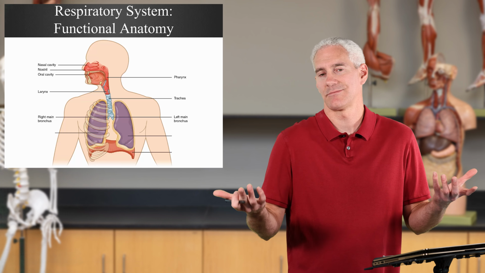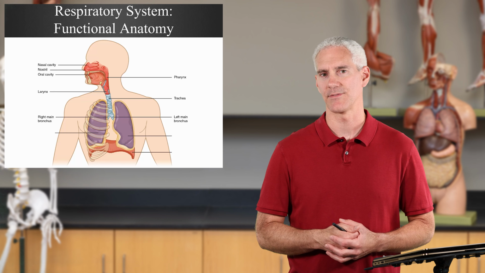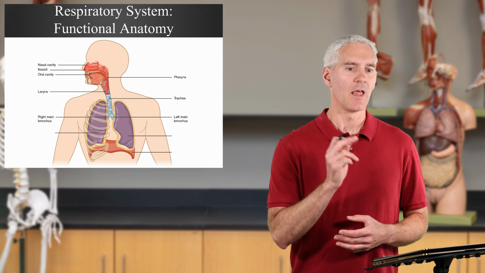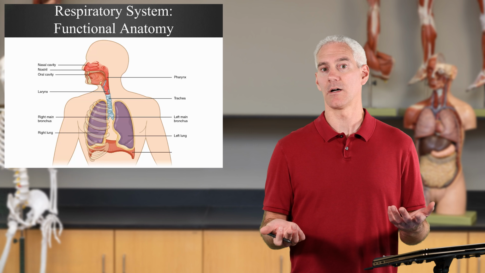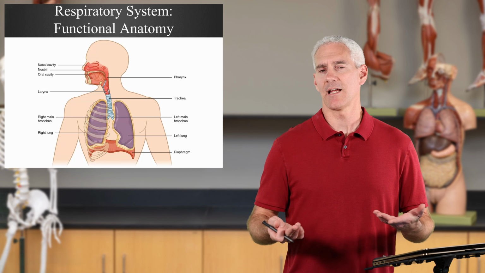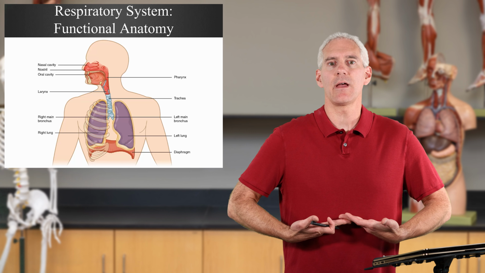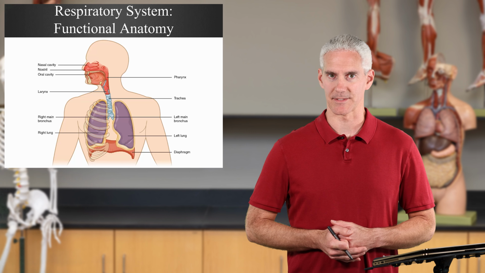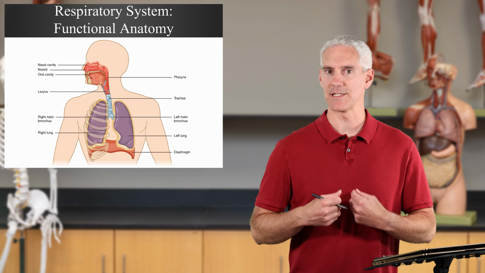Bronchus, bronchi, singular and plural, either one works as you're labeling. Then you have the very bottom, the lungs, right and left, and the diaphragm. The diaphragm is the muscle that helps to expand the lungs as you're breathing, basically pulling air into your lungs.